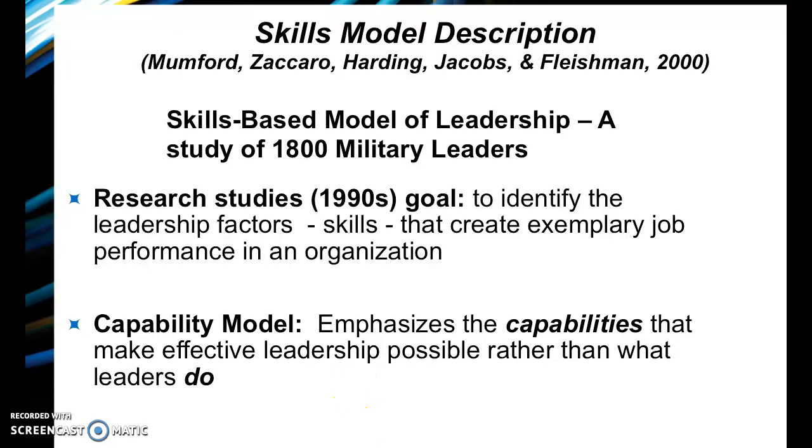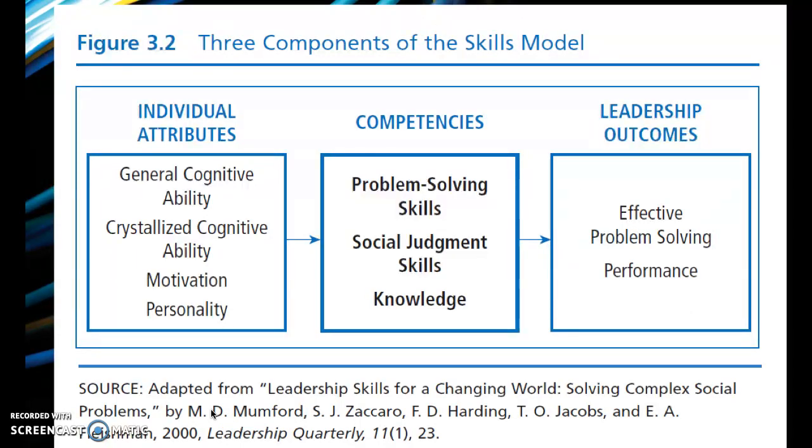And again, they were emphasizing capabilities, not just what leaders do. And they broke this down into three major categories: the individual attributes of a leader, the competencies that they developed, which then produced these outcomes.